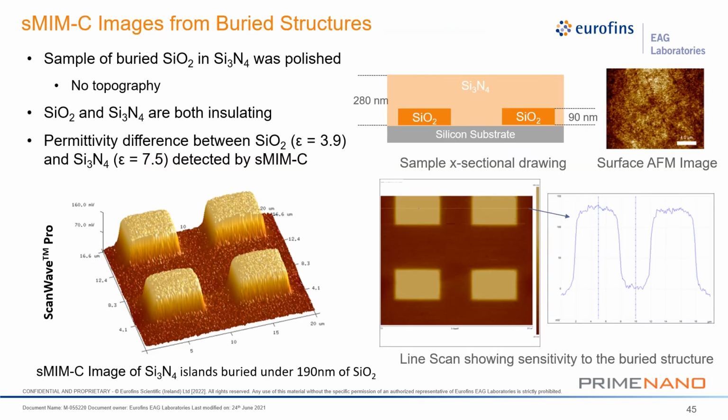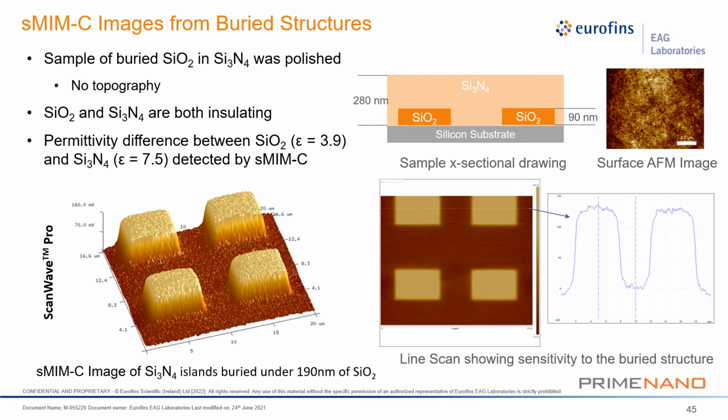Lastly, a unique aspect of SMIM is being able to understand and evaluate buried structures as well. In this case, this is an example of a planarized silicon nitride layer on top of silicon oxide islands. Both of these materials are insulating, but they have almost a 2x permittivity difference.